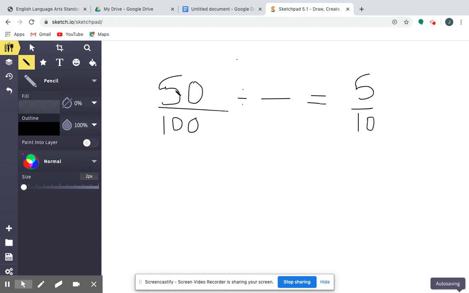I think we already know the answer. We just saw it: how do I get from 100 to 10? I need to divide by 10. So that's fairly easy. You're going to see that on the work in Google Classroom today.